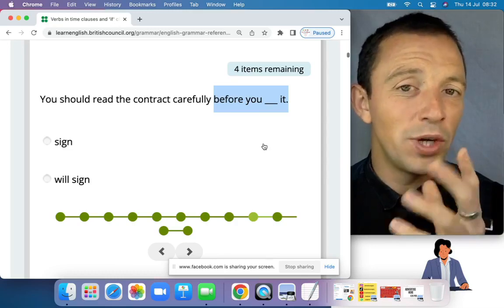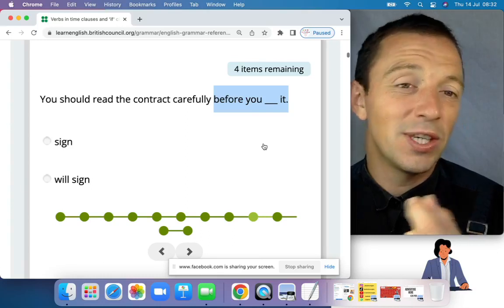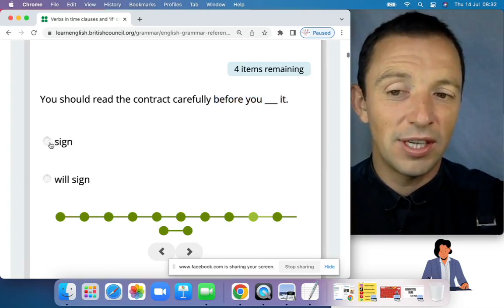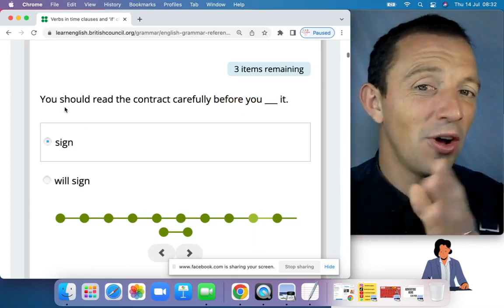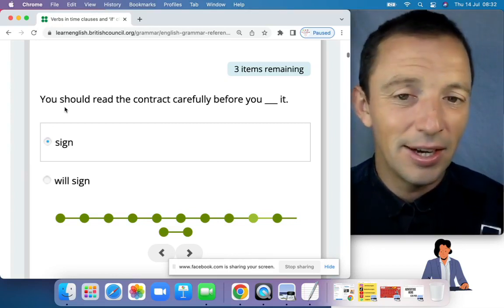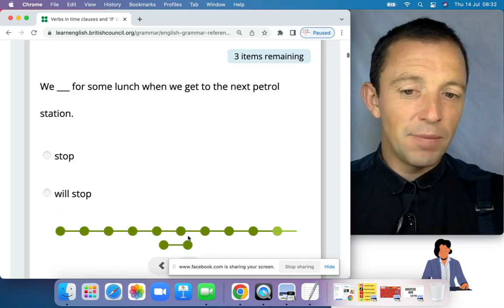And when we use the time clause, it's possible to use the present tense to express the future, and I think this is the case as well. You sign it. So I think the rules are the same in all the parts here. So all the questions are very similar, I think. Okay, next, let's continue. 3 more.